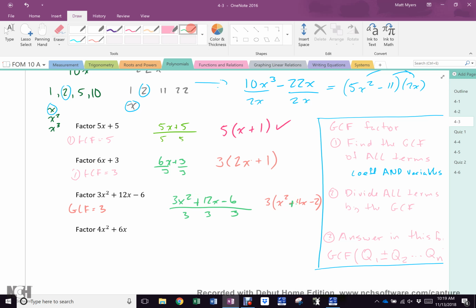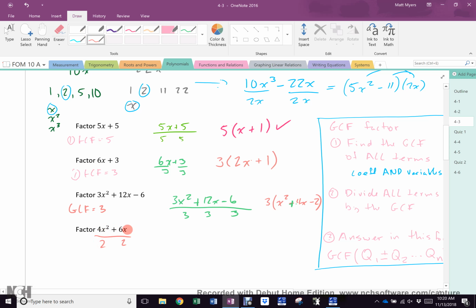And now the last one's slightly trickier. What's trickier about the last one? There's a variable that I have to care about, right? So everybody sees that this is obviously 2 and 2. But how many x's are there? 2. How many x's are there? 1.